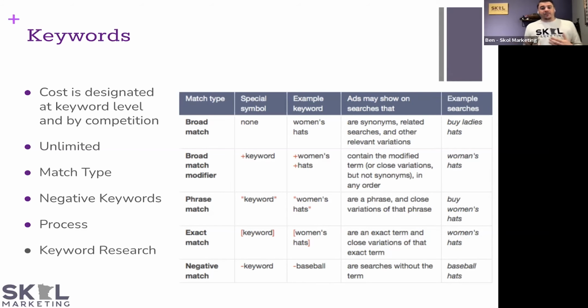Now you have to be careful with being too broad and too exact, because too broad will get terms potentially that we don't want that we're paying for. And with exact, sometimes people don't search exactly the way you want. Also, a lot of times you'll get an error from Google saying that there's not enough search volume. Believe it or not, you can't just run ads on any search term out there that you want. There has to be a minimum volume.